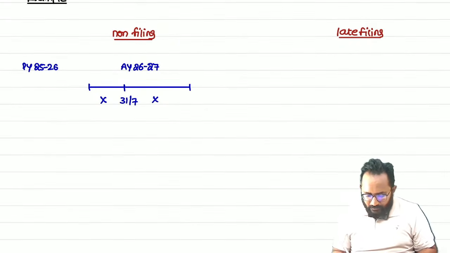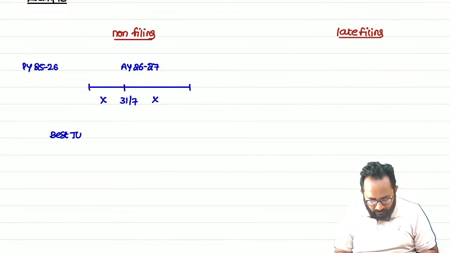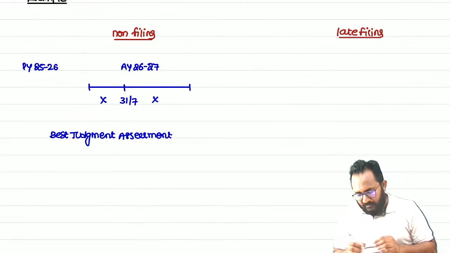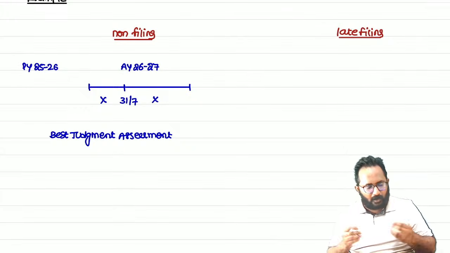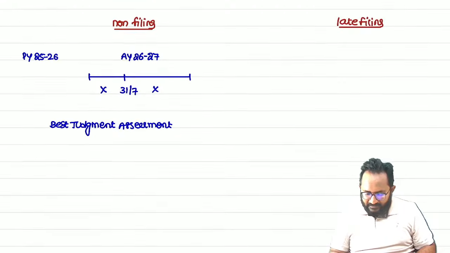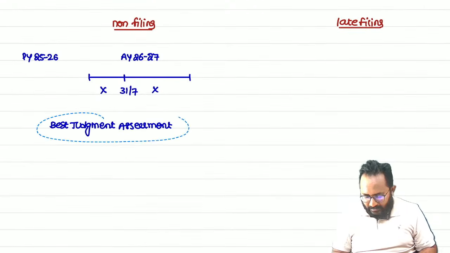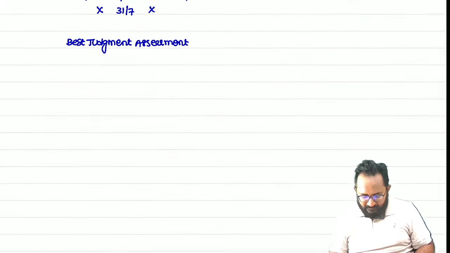So now, which assessment will be conducted by the assessing officer? Best judgment assessment. By whom? The AO, because we are not responding to the return of income at all. We have not filed anything. So the AO directly conducts the best judgment assessment.